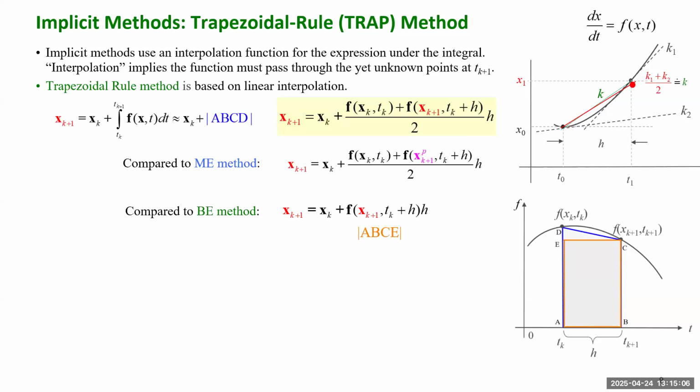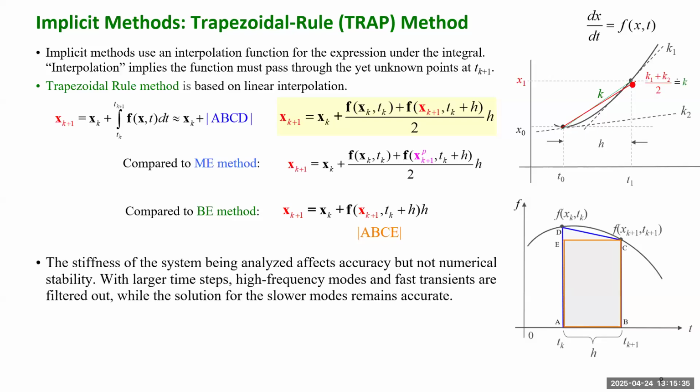It may not be exactly the same as the true trajectory, but it will not diverge from the equilibrium. So the trapezoidal rule method is definitely better than the backward Euler method, although they are both implicit. But for explicit methods, you have to use a very small time step to make sure the simulation result is bounded if the system is stable. Okay.